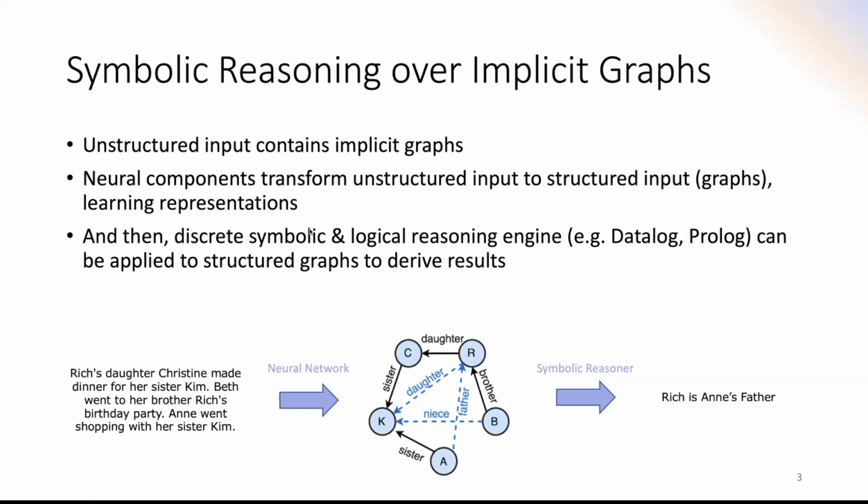But let's say R and A, the relationship between R and A is not explicitly stated. So we want to do some reasoning to capture this relationship. In particular, we can frame this task as missing link prediction, because the graph representation only contains the edges explicitly mentioned in the passage, but we want to infer some hidden edges inside of the graph too.